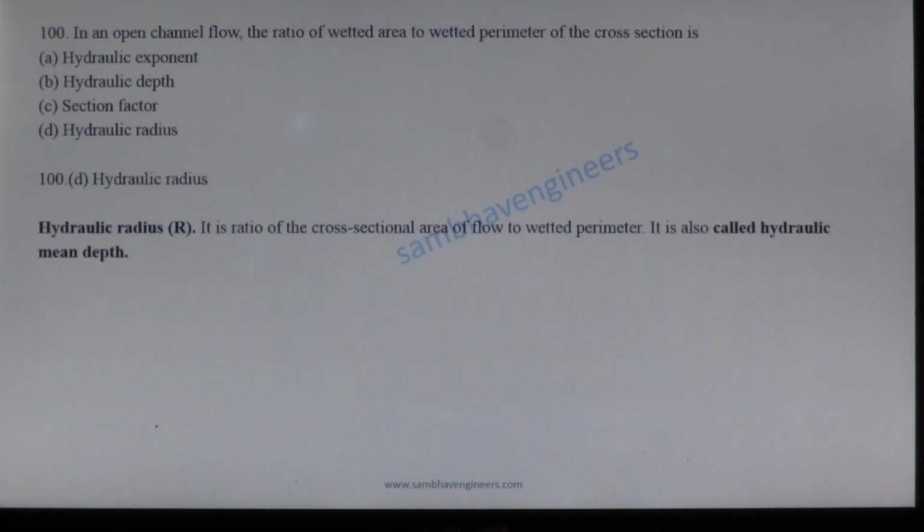Next question. In an open channel, the ratio of cross-sectional area of flow to wetted perimeter of the cross section is known as hydraulic mean depth or hydraulic radius. So option D is the correct answer.